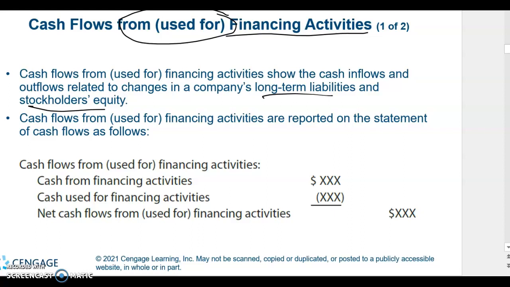So cash from financing activities would be your cash inflows from issuing bonds or issuing stock, or used would be cash used for redeeming bonds or paying dividends. And then it would net to a positive or a negative, and you would decide if it's from or used for, depending on if this is a positive or a negative.